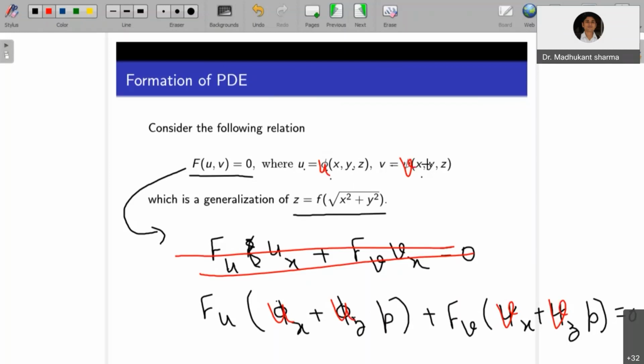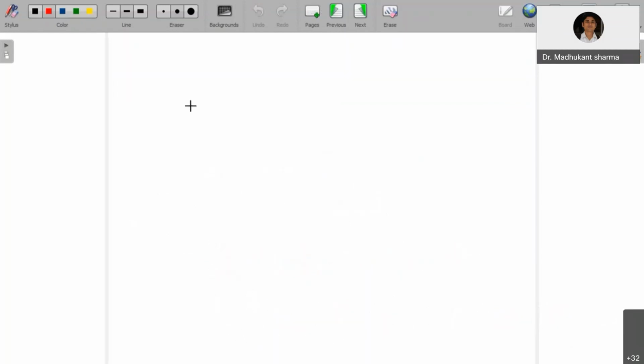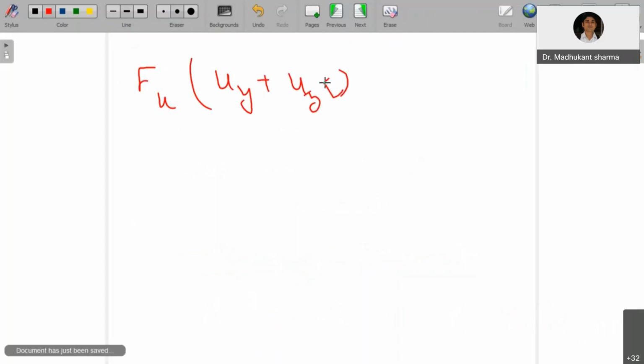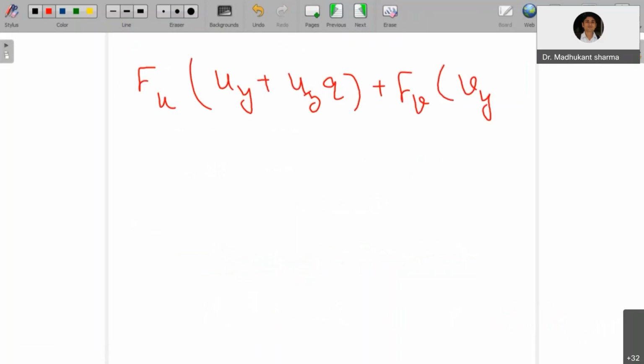Now similarly, if you differentiate partially with respect to y, you get the following, by symmetry: fu times uy plus uz q, plus fv times vy plus vz q equals 0.